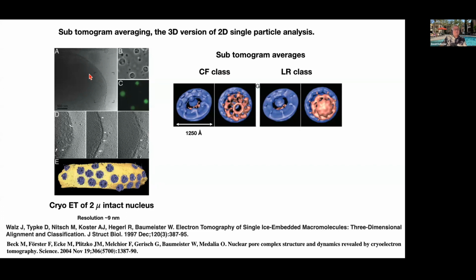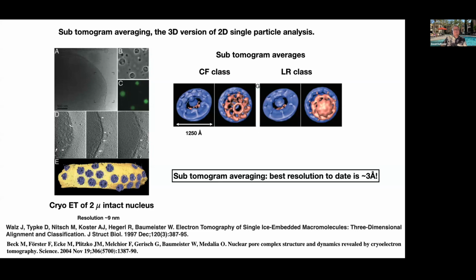In subtomogram averaging, what you do is you cut out three-dimensional images, like you'd cut out the image of this nuclear pore somewhere in here, cut it in 3 dimensions, and then you classify them, you sort them, use multivariate statistics, just as you do for single two-dimensional single particles, in order to generate classes and produce class averages. So you can look at the structure of the nuclear pore complex.